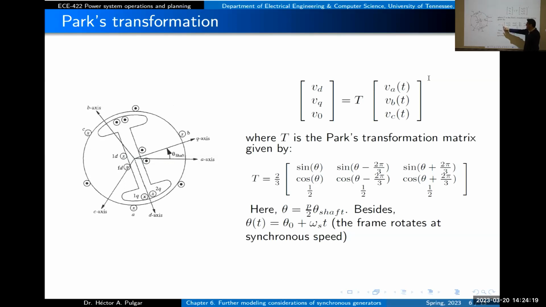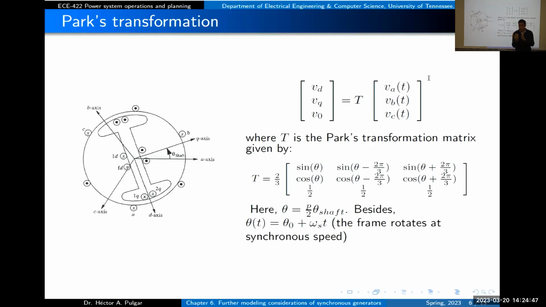This coefficient right here has to do with the property of the transformation. We can play with this. This is the original transformation. If you apply the transformation to your signals and you use this coefficient, you will have voltages A, B, and C transformed into VD, VQ, V0.